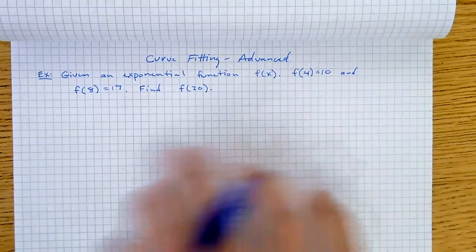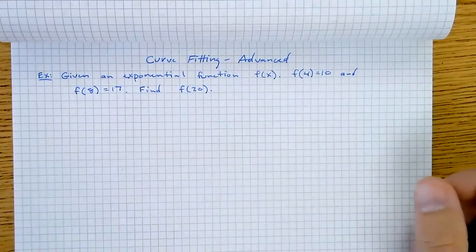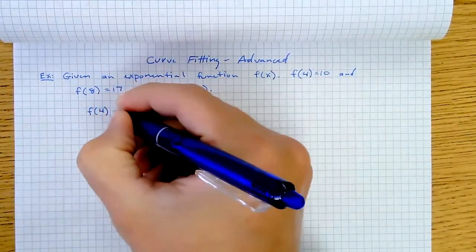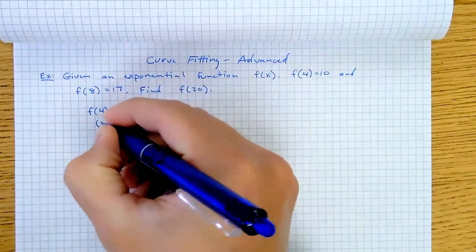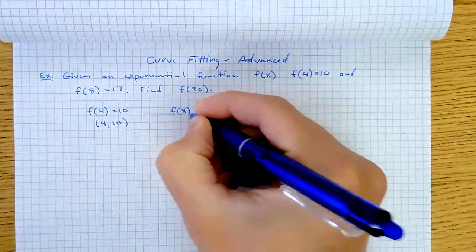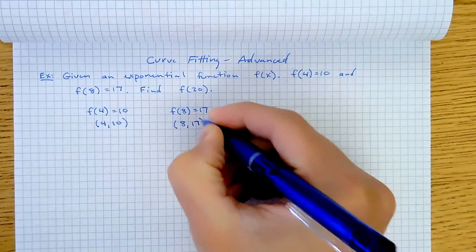Okay, so essentially you're just being given 2 points, asked to find an equation, and then asked to find a third point. So f of 4 equals 10 is the same thing as the point (4, 10). And f of 8 equals 17 is the same thing as the point (8, 17).